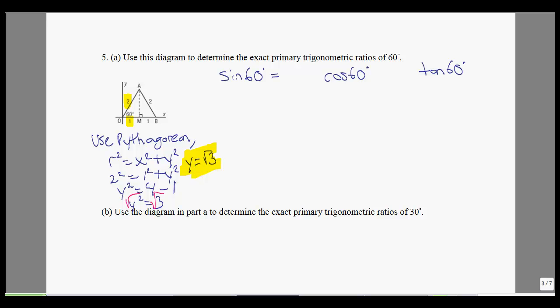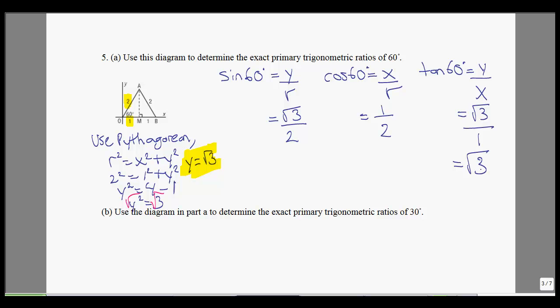So now we can take all our variables and plug in for our trigonometric ratios. Sine equals y over r, cos x over r, and tan y over x, which will get root 3 over 2, 1 over 2, and root 3 over 1, which is just root 3.